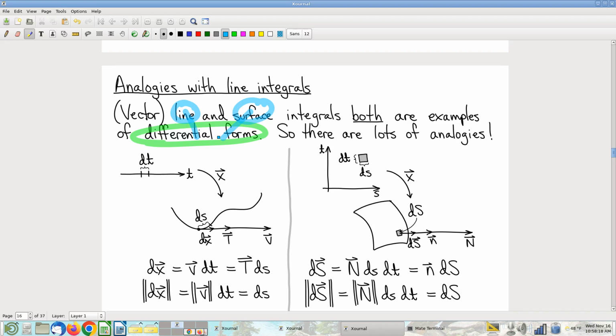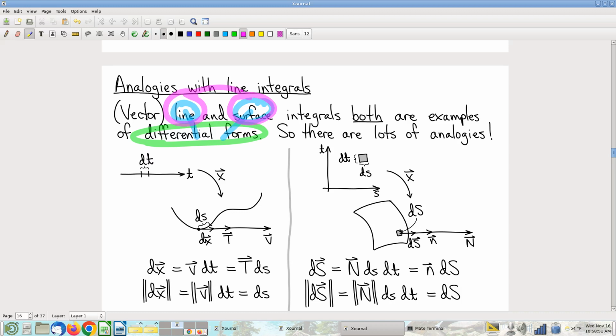We don't think of them that way, and we're not going to compute anything involving them that way, but the reason it's useful to know that line integrals and surface integrals are both integrals of differential forms is that if these are just two examples of the same thing, maybe there are actually connections between them. Connections between line integrals and surface integrals.